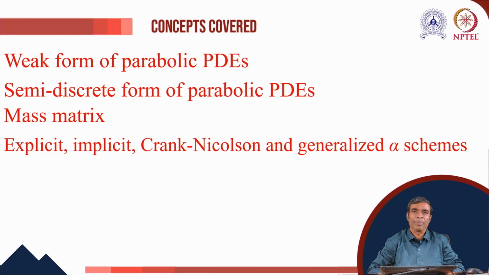Under the parabolic partial differential equations, we shall consider the transient heat conduction equation. We shall derive the weak form of the transient heat conduction equation, and then we shall introduce the concept of mass matrix that will be coming in the element level matrix equation system, and then we shall illustrate the different time integration schemes, namely the forward or explicit Euler scheme, the backward or implicit Euler scheme, the Crank-Nicholson scheme, as well as the Galerkin scheme.